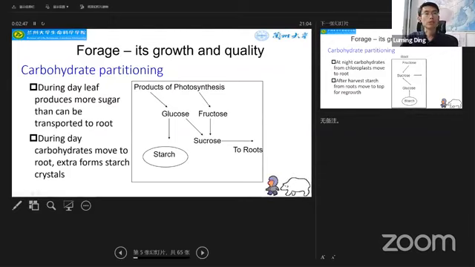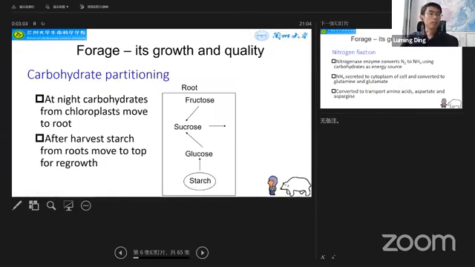So the products of photosynthesis will be transformed to glucose or fructose and to produce sucrose to roots or as starch. And at night, the carbohydrates from chloroplast move to the root. And after harvest of the forage, the starch will move from the root to the top for regrowth of the forage.